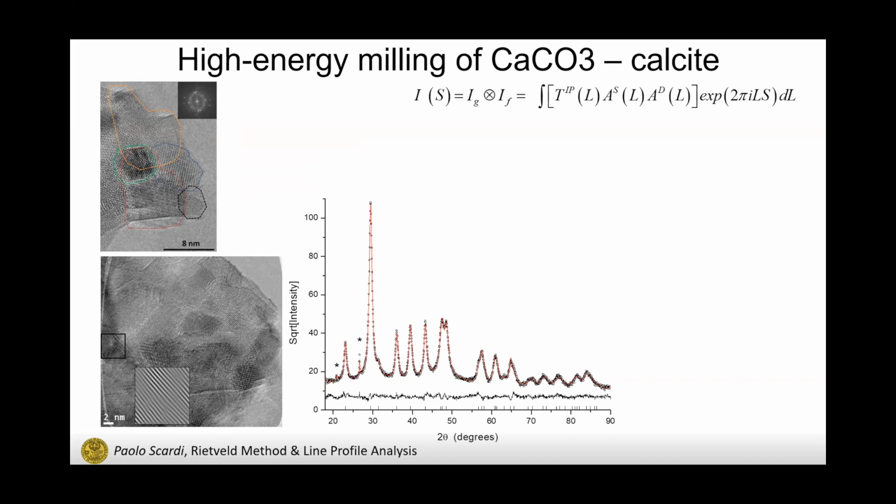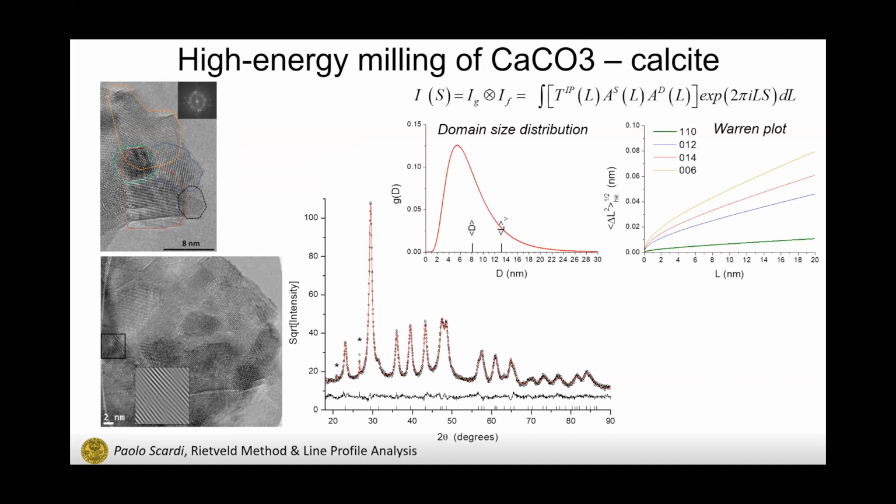In this case, in addition to a very good agreement in the size distribution, you see around 8 nanometers is clearly the size of these blob-like domains. I remind you, this being heavily milled. There is a good agreement with the TEM evidence.